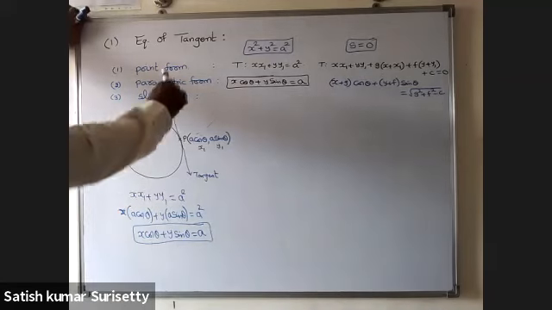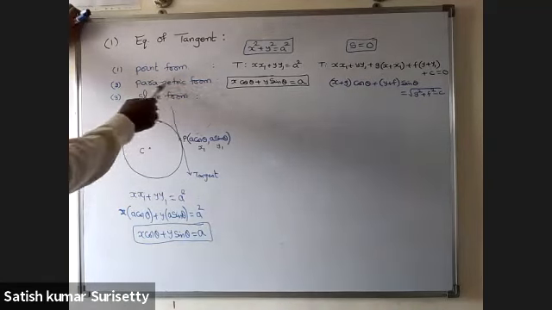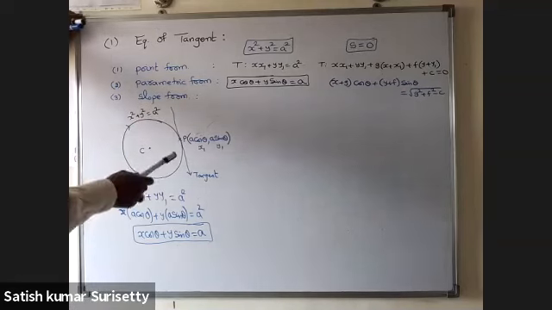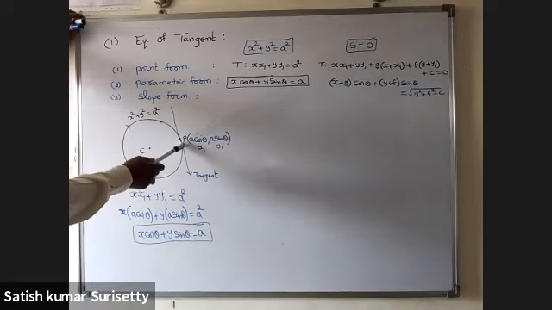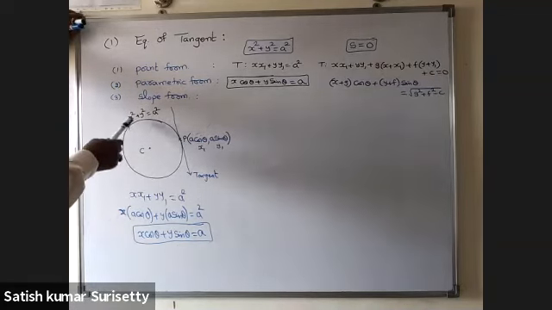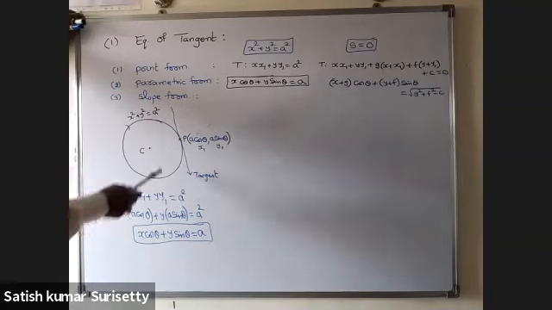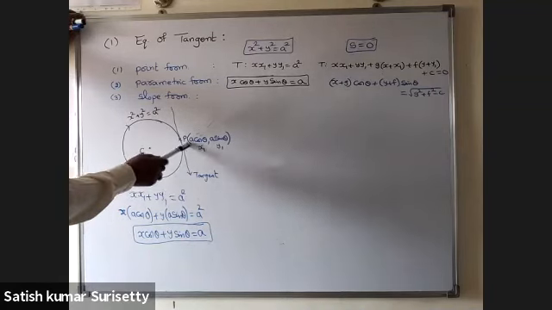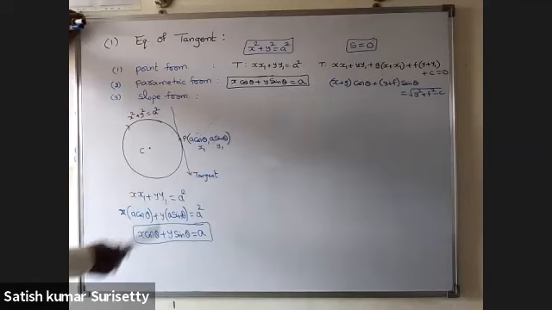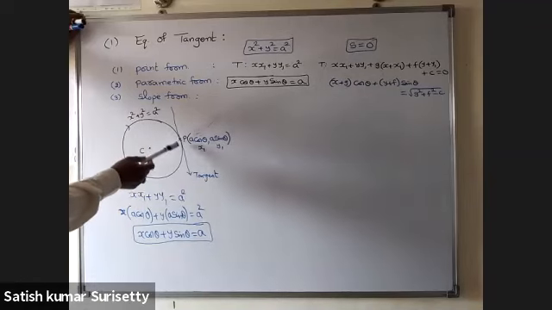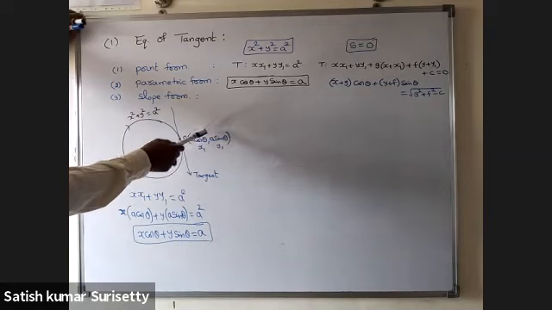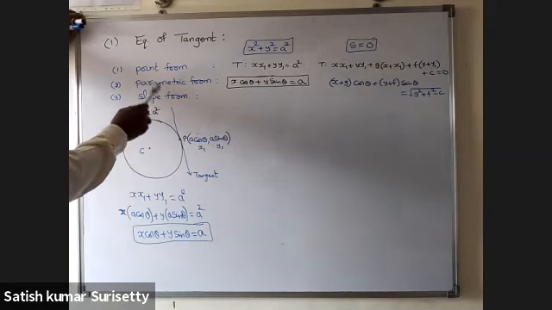So the second one is the equation of the tangent in parametric form, which means you should have the parametric coordinates of any point on the circle. So let us consider x square plus y square equal to a square. So the parametric coordinates are P(a cos theta, a sin theta). So we have to calculate the equation of the tangent at P in terms of the parameter. That's why it is called the equation of the tangent in parametric form.